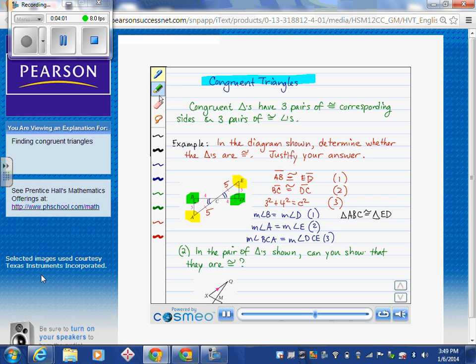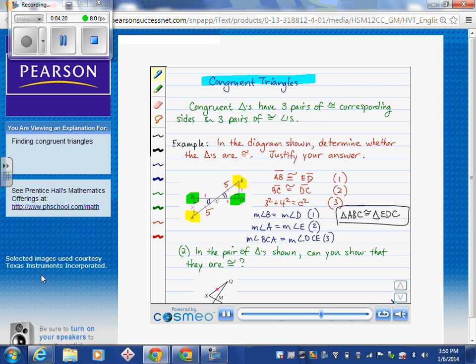And lastly, of course, the vertical angles correspond, so BCA corresponds to DCE. So we'll just finish with EDC. And there are the triangles that are congruent.